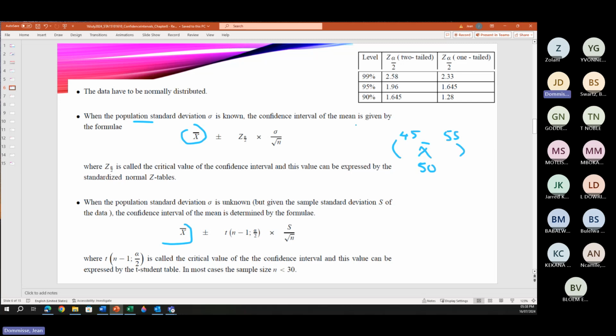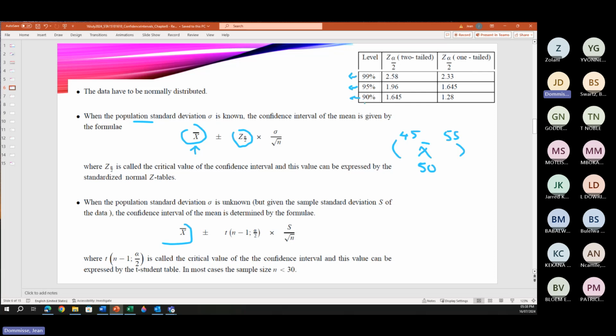What is happening with this is, we've got the mean, and then it tells us how big we are working with. So a confidence interval of 90% or 95%, or a confidence level of 99, 95, and 90.